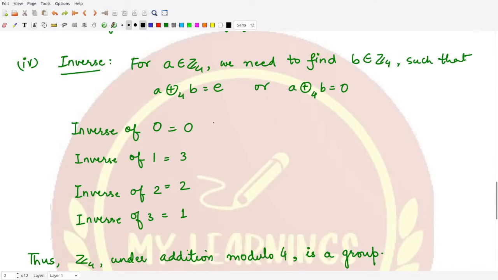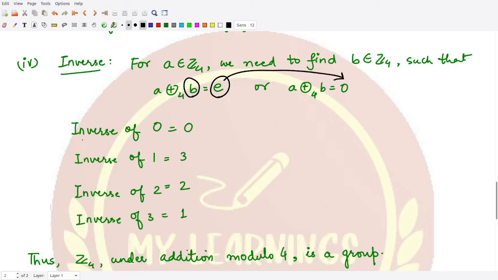And lastly, we need to find the inverse of each of the elements here. So we are looking for some number B such that when we apply A addition modulo 4 B, we obtain E, which is the identity of the group. And what is E? E is equal to 0 in this particular case, right?